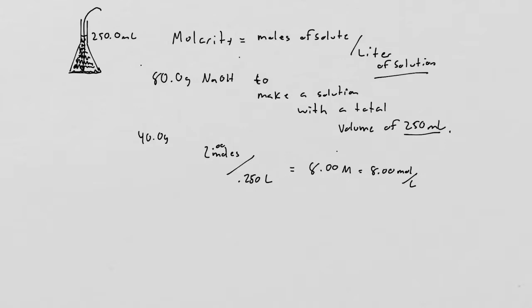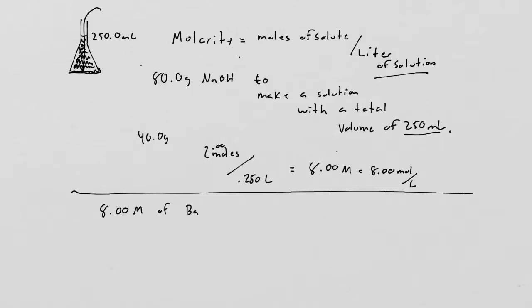Now, one of the things you can do if you had a different substance, they can ask you what the concentration of the individual ions are. So imagine I had an 8.00 molar solution of, let's say, barium chloride. Well, that would mean that for every liter of solution, there's 8 moles of barium chloride in there.